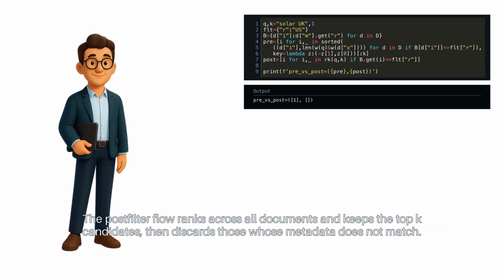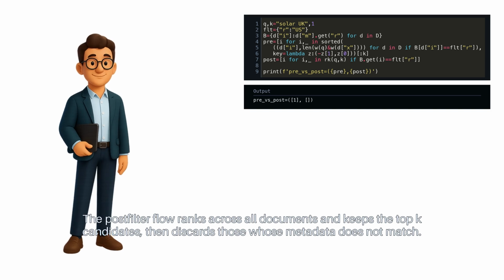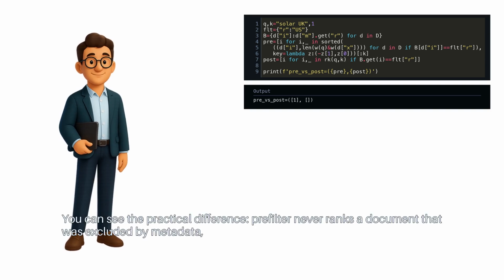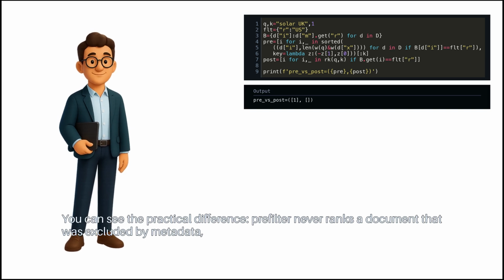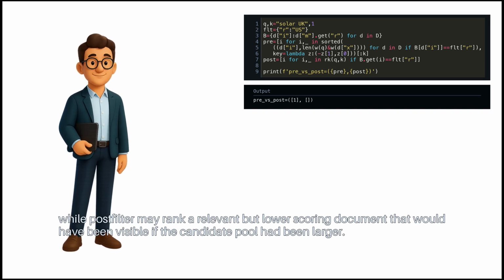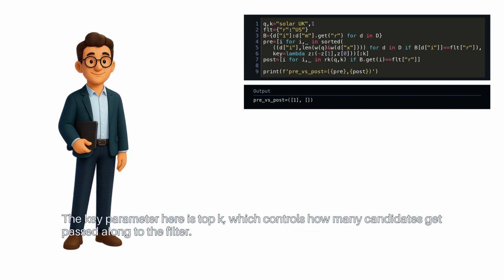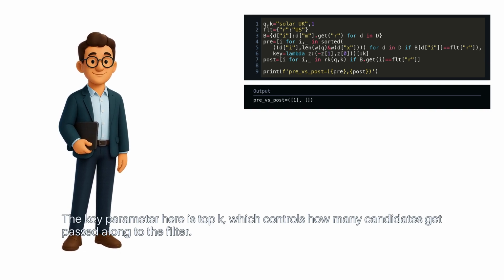The post-filter flow ranks across all documents and keeps the top K candidates, then discards those whose metadata does not match. You can see the practical difference. Pre-filter never ranks a document that was excluded by metadata, while post-filter may rank a relevant but lower scoring document that would have been visible if the candidate pool had been larger. The key parameter here is top K, which controls how many candidates get passed along to the filter.